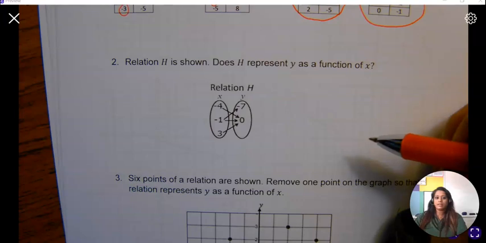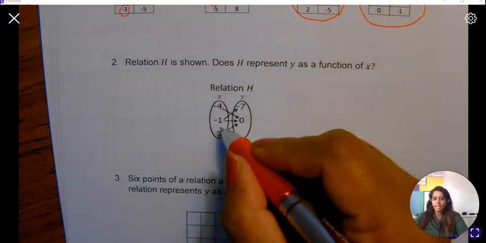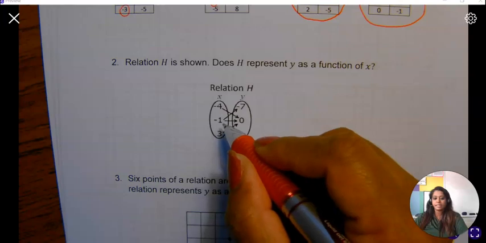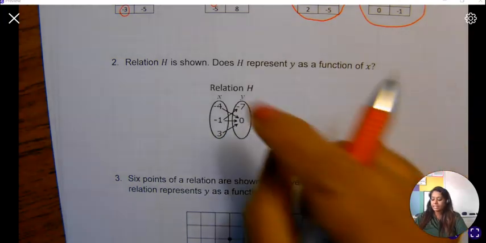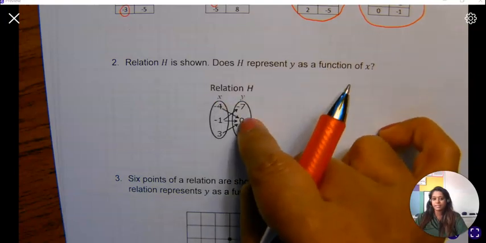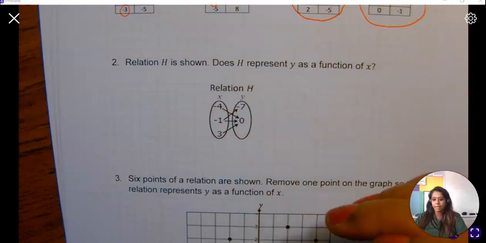Alright. Relation h is shown. Does h represent a function of x? No. Why? Because negative 1 has two outputs. It has an output of negative 7 and an output of negative 1. It's okay if, for example, 0 has two inputs. That's okay if two numbers go to the same output.